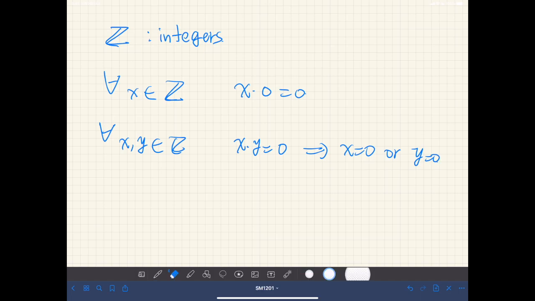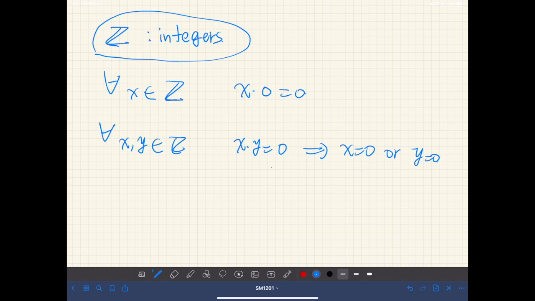In other words, if neither x nor y is 0, then the product cannot be 0. The same thing. But as we know, this set of integers is not a field. Why is that?